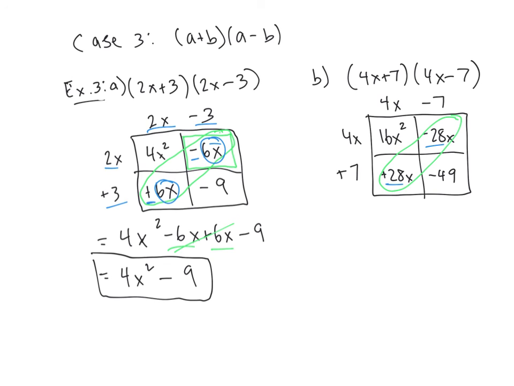So when I go to add up my boxes, I'm going to be left with 16x squared plus 28x minus 28x, and then minus 49. But I know that middle term here is going to add to 0, and I'll just be left with 16x squared minus 49.